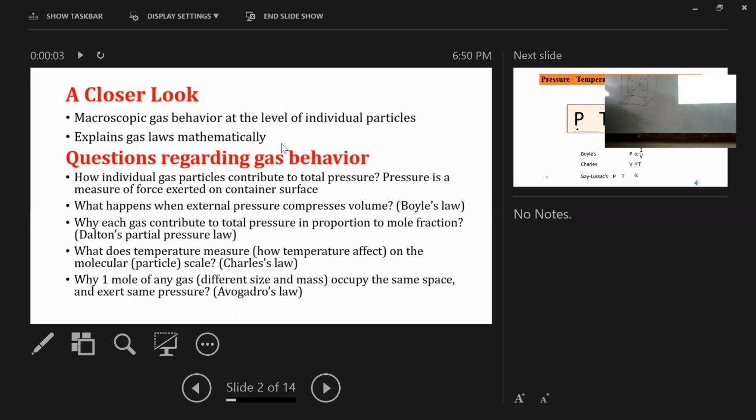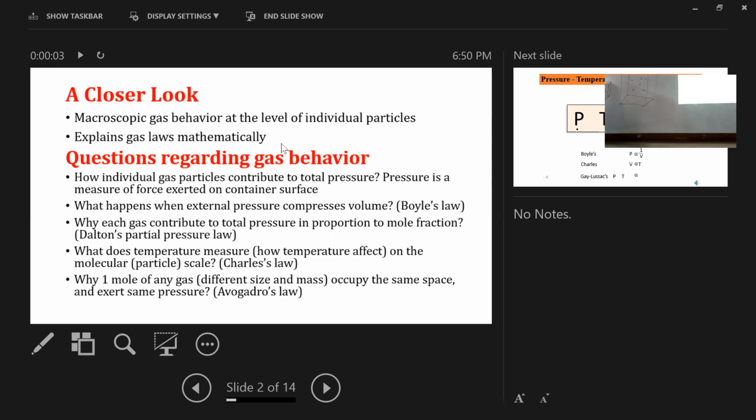If we compress the container like this, we can reduce the volume, and our molecules, which previously had quite a long space, now have a little smaller space. If you consider the space between these two molecules, right now it is quite small. So that can happen.